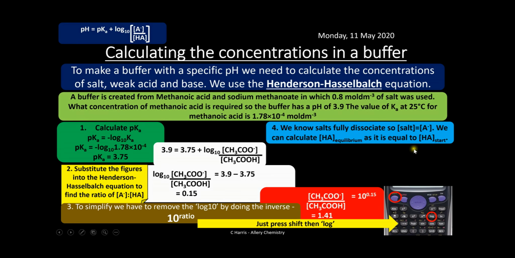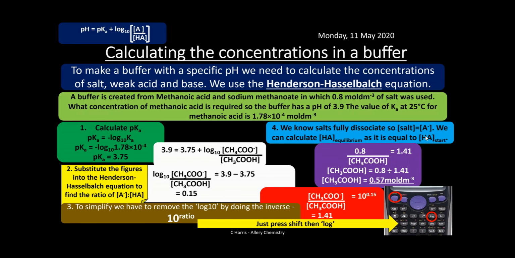Then we know salts fully dissociate, so the concentration of the salt equals the concentration of A minus, which is obviously in our equation, and we then calculate HA at equilibrium as equal to the concentration of HA at the start, remember, because it's a weak acid. So we then put it into our equation.